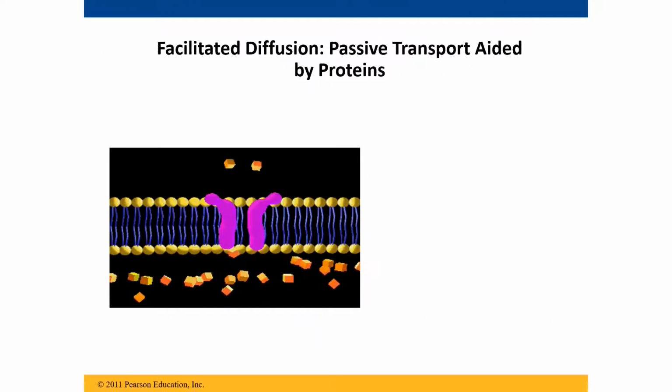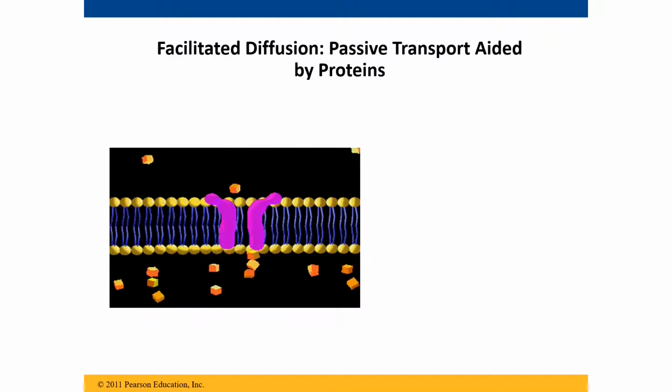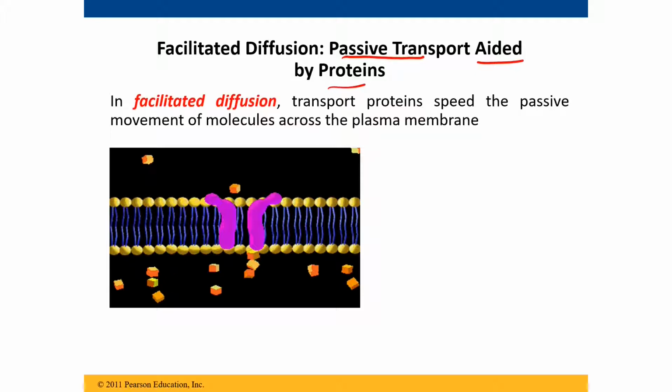Now we're going to talk about facilitated diffusion, that is a type of transport that is still passive, but is helped by proteins. So in a facilitated diffusion, the proteins are speeding up the passive movement across the membrane.